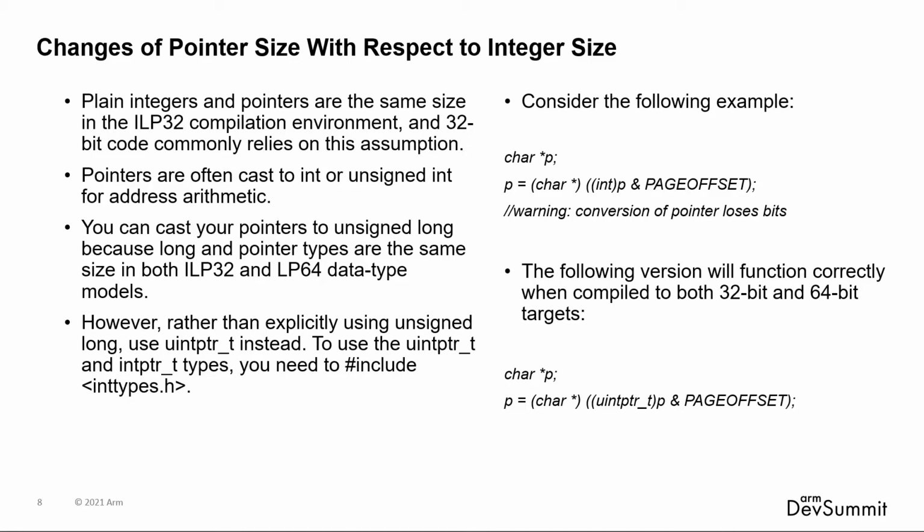The following version will function correctly when compiled to both 32-bit and 64-bit targets by replacing the integer representation with uintptr_t cast to p and page offset. Here, by using an explicit pointer type, all works regardless of what model you use, and it's easier to tell the intent of the programmer.